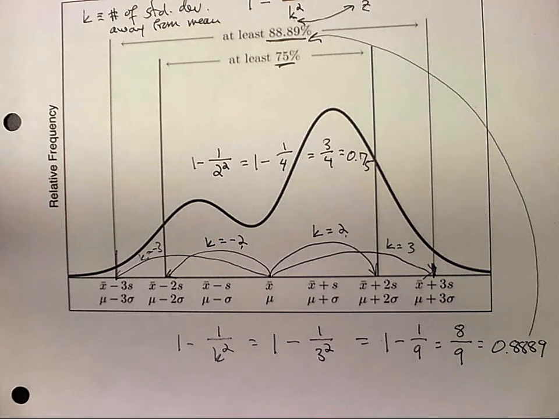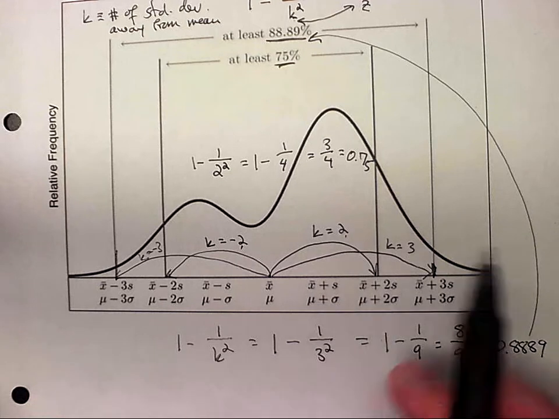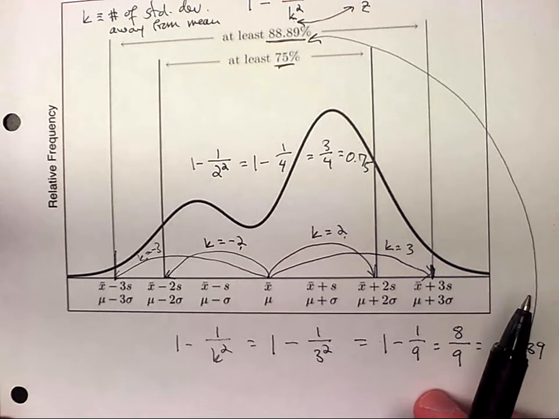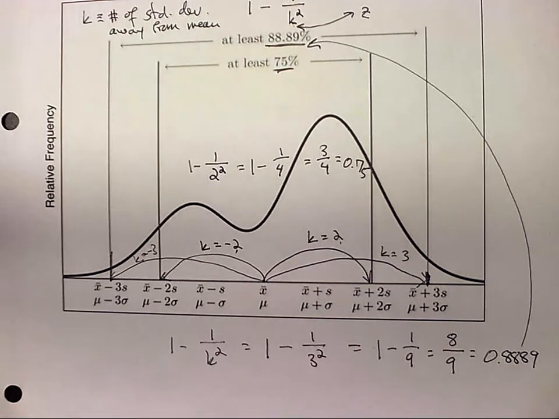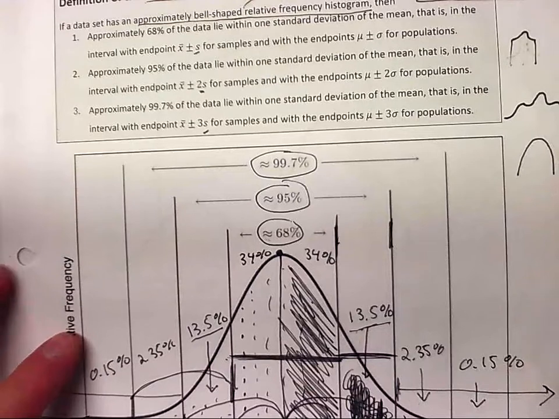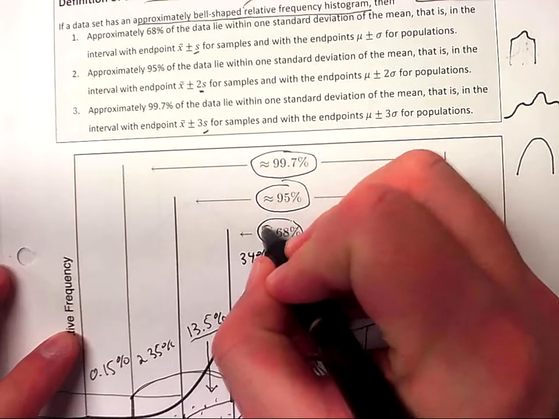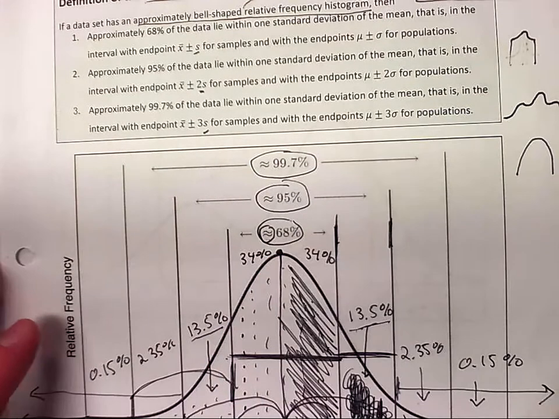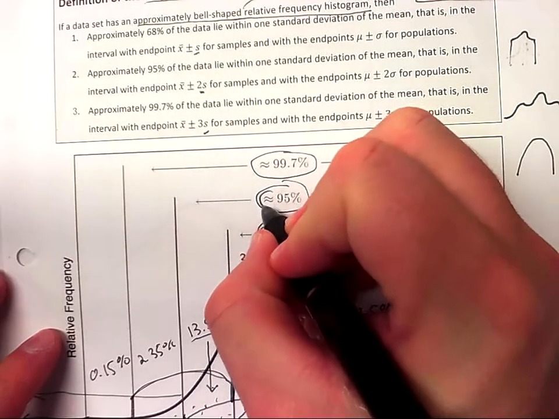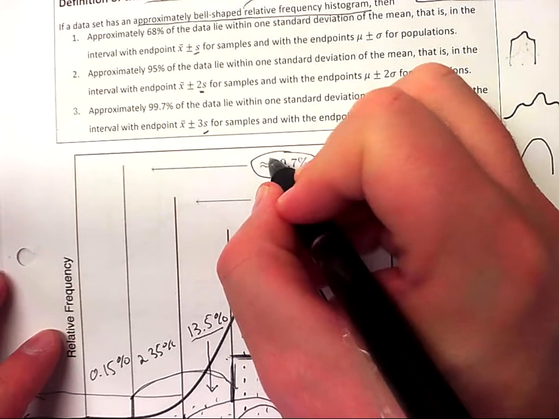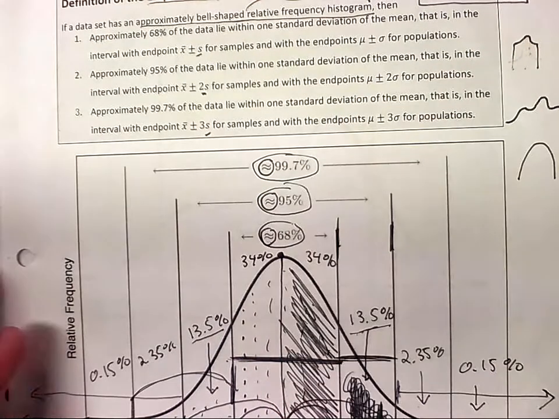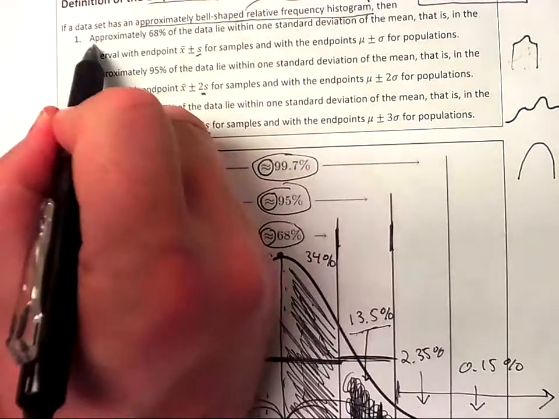All right. The other thing that I want to point out, and this is very, very important but often missed, is a difference between the empirical rule and Chebyshev's theorem. If you look back at the empirical rule, it says that we have approximately 68% right here. We have approximately 95%. And we have approximately 99.7%.